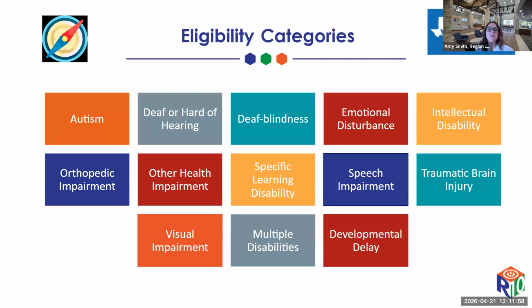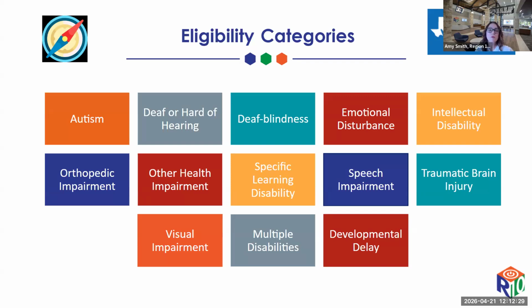Here are the 13 disability categories identified in Texas. As mentioned earlier in this section, a primary purpose of the FIE is to identify the condition for the student who meets criteria. In Texas, there are 13 categories under which children ages 3 through 21 may be eligible for special education and related services. Children with a visual impairment, deaf blindness, or who are deaf, hard of hearing, are eligible to receive services from birth.